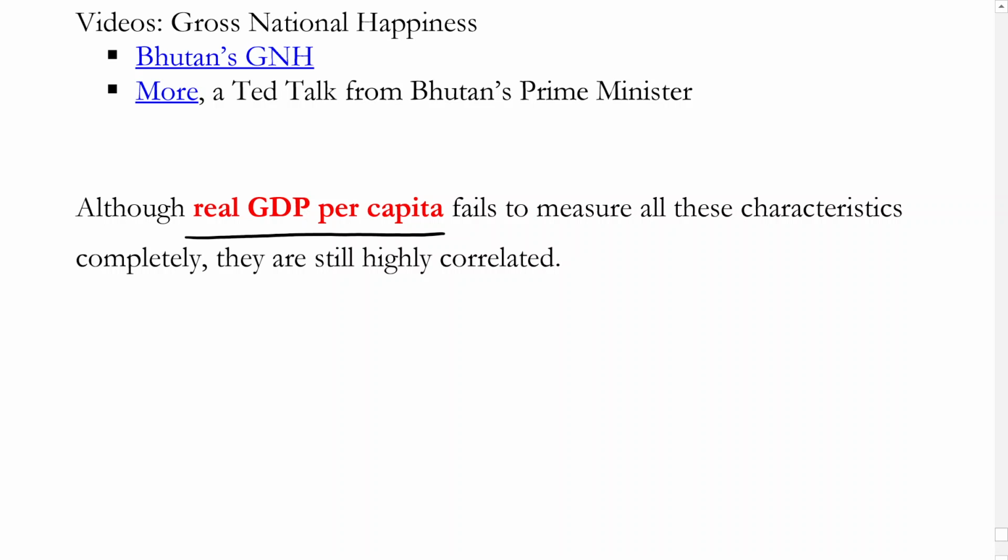So real GDP doesn't capture everything that's important in life, but it is highly correlated with it. And so using real GDP per capita is still a reasonable metric to use to think about economic growth and the growth of a country's standard of living.